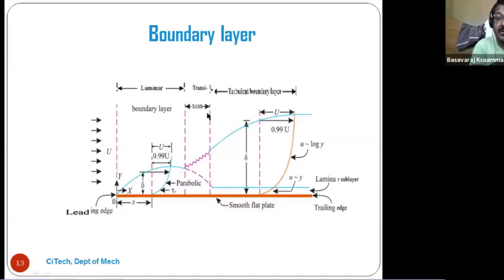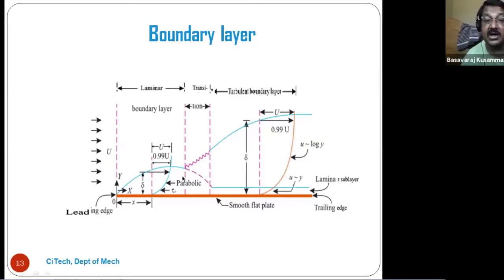As the distance increases, as we see in this figure, the boundary layer thickness also increases, because the turbulent boundary layer will be different from the laminar boundary layer.